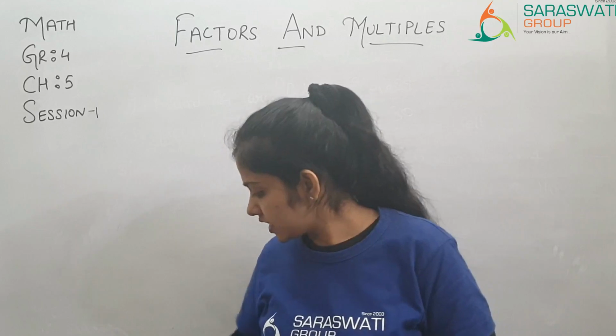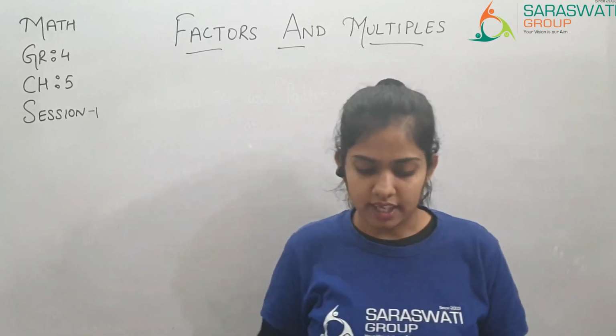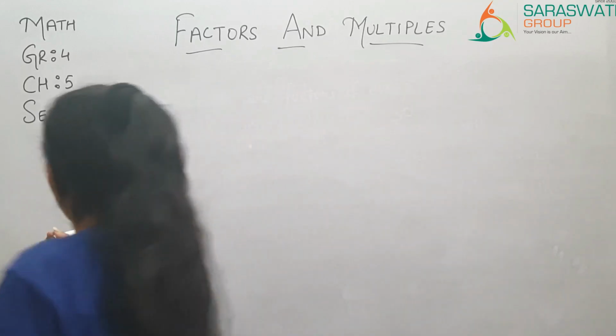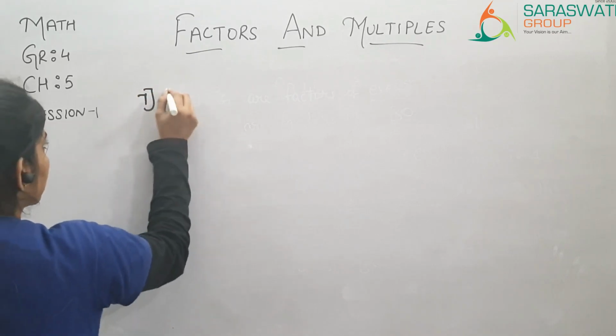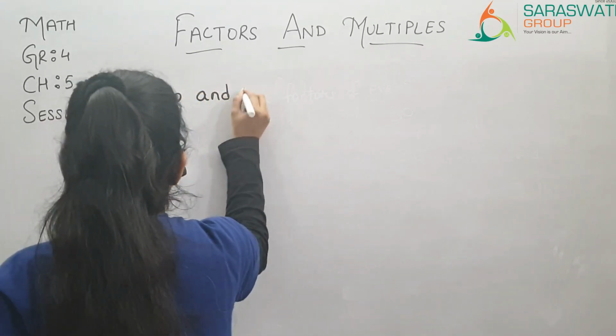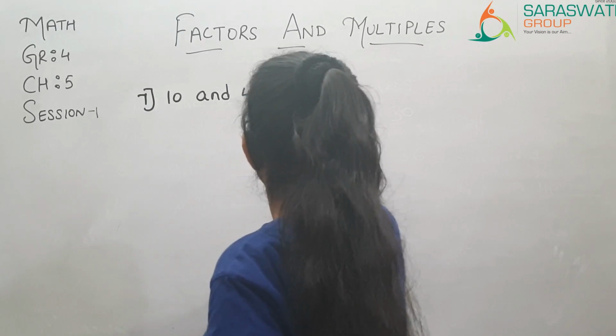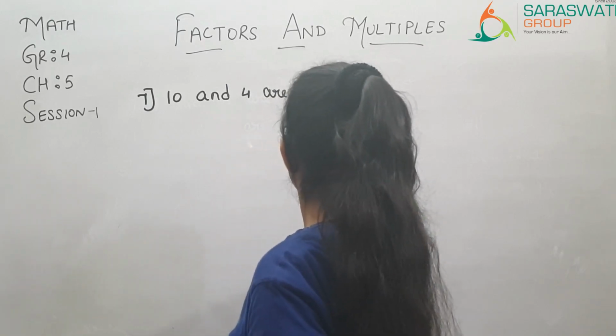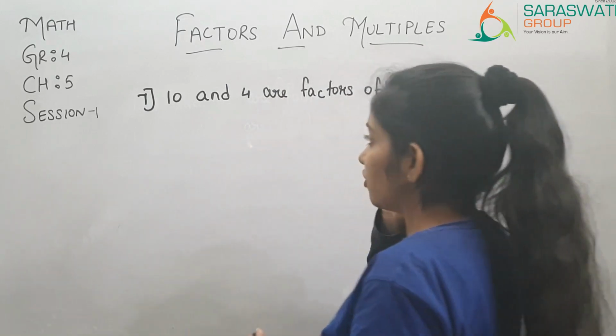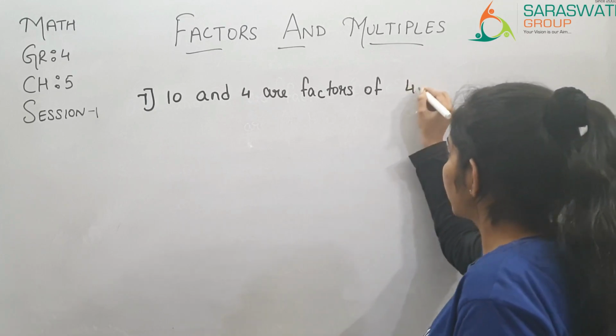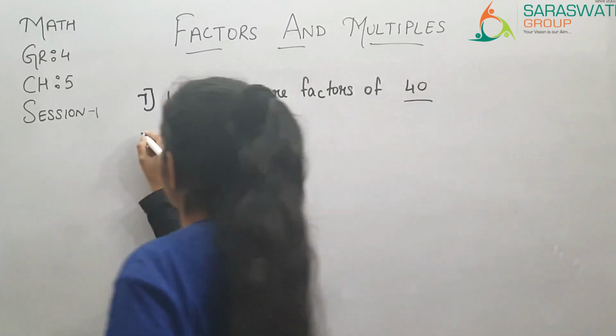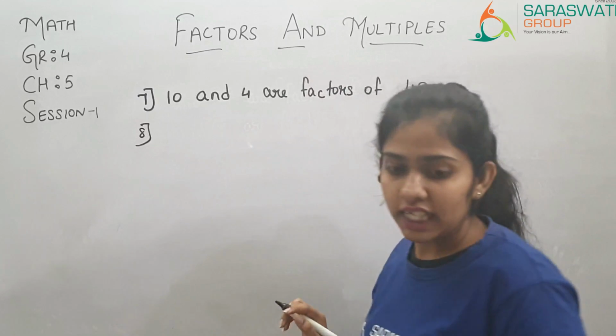The next one is 10 and 4. 10 and 4 are factors of 10 fours are 40. So 10 and 4 are the factors of 40.